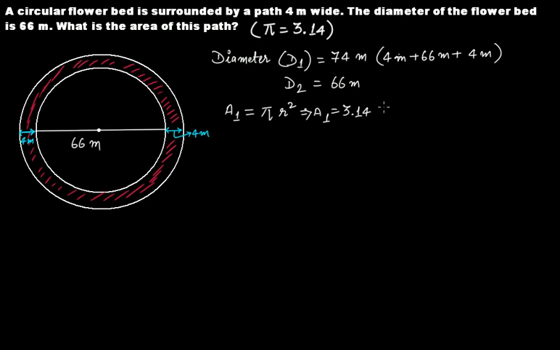Diameter is 74, and we know that diameter is equal to 2 times radius, therefore radius will be diameter divided by 2. So R1 for this diameter will be 74 divided by 2 meter, which is 37 meter.